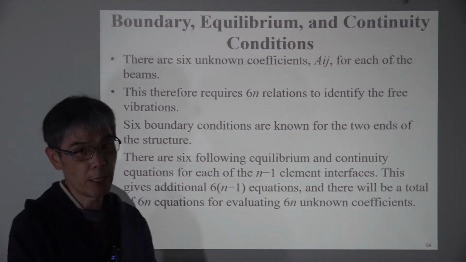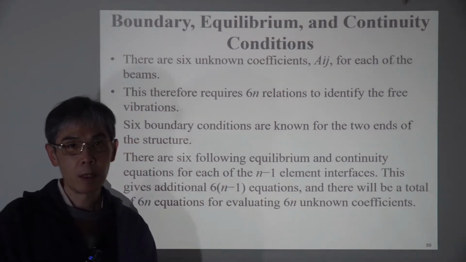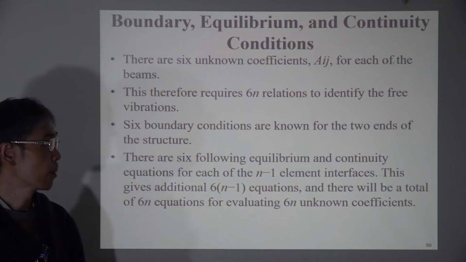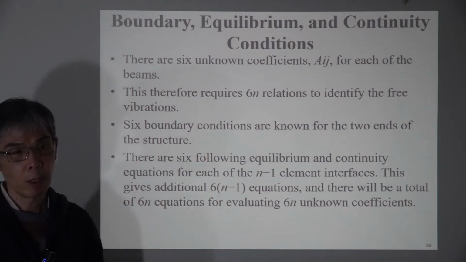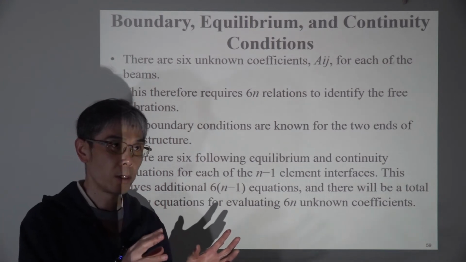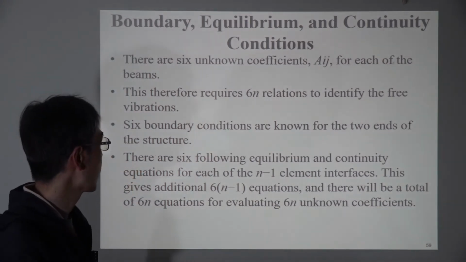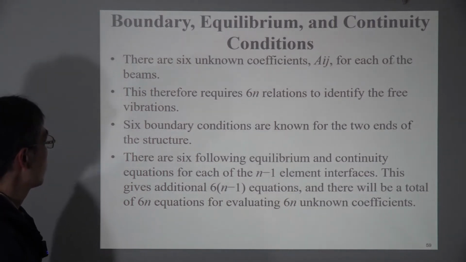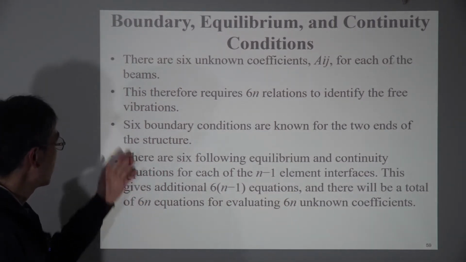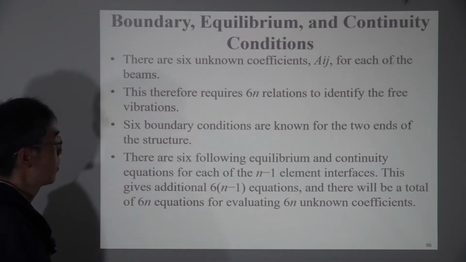Remember, we had said we have n beams. Then we have a lot of equations. Then we need to have the same number of equations to solve for the same number of variables. So for each beam, we have 6 boundary conditions for the two ends of the beam.